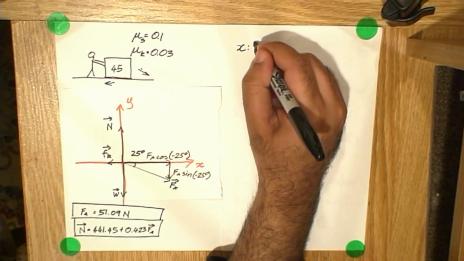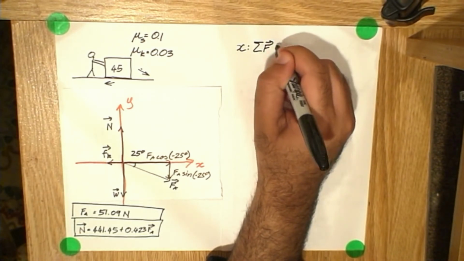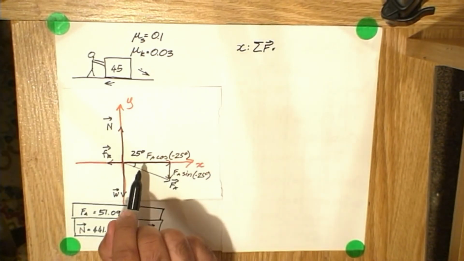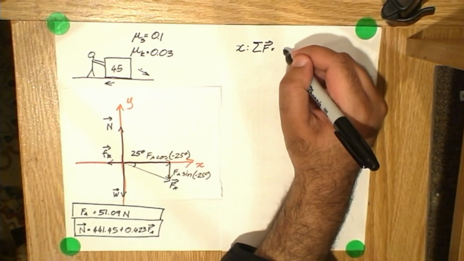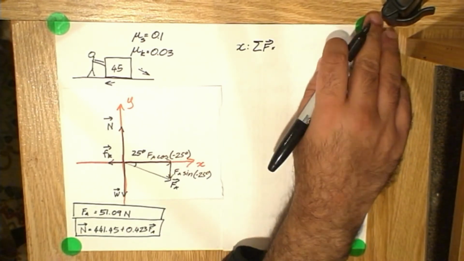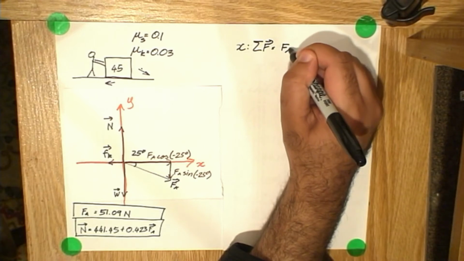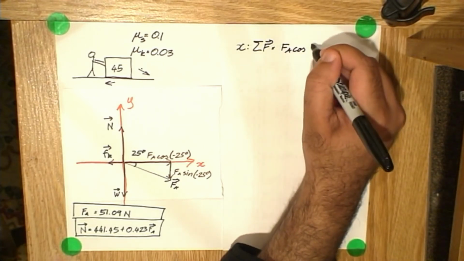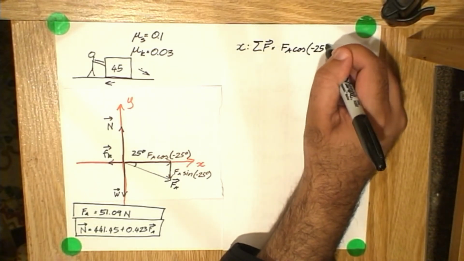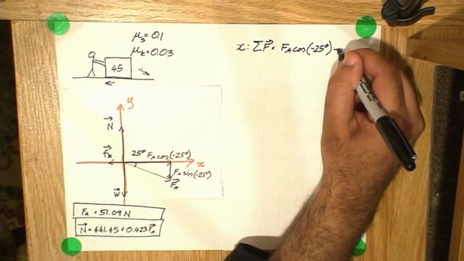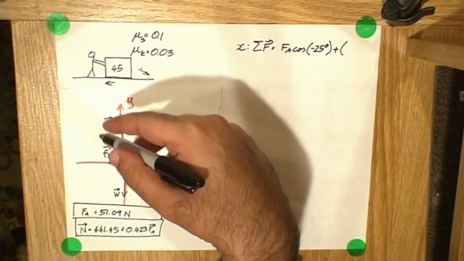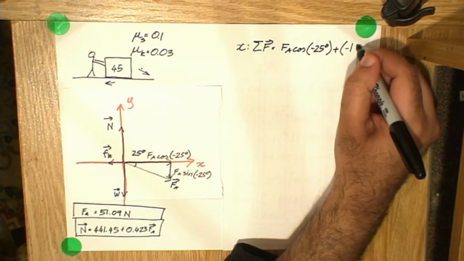In the x direction, the total force is going to be given by the applied force, or the cosine component of the applied force, more correctly, plus the negative kinetic friction.